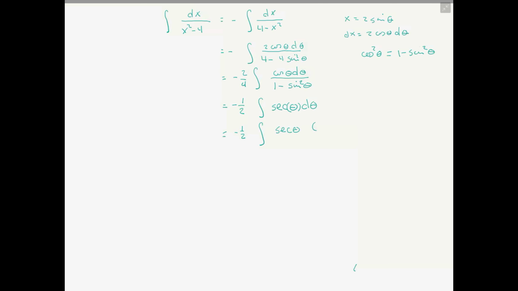Here we go. So we've got secant theta d theta. Okay, so what we do here, darn, I keep switching this.